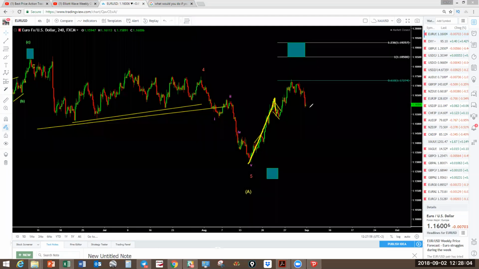So we're going to get a corrective structure where this is going to push a little bit lower, maybe even up to this level. Okay, so I'm anticipating a corrective structure that makes a sideways move from this level. So let's see what could happen here. If we get a corrective structure in the 1-hour time frame, well, I'm still expecting a push lower on here, at least to the 61% of this one here.